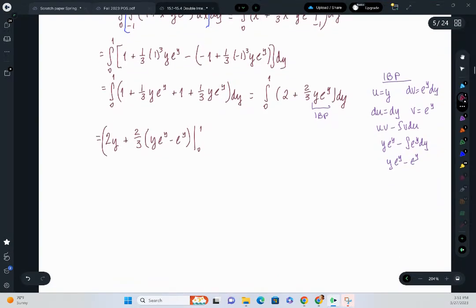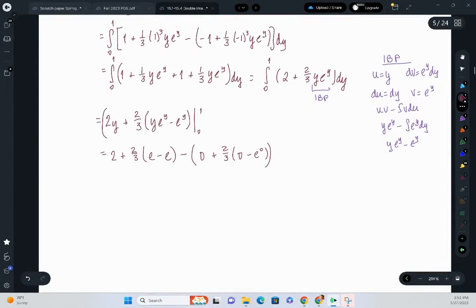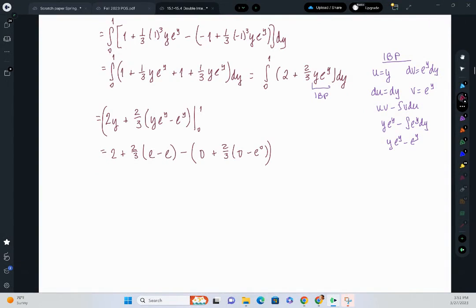All right, plugging in 1 and then subtracting the evaluation at 0, we get 2 plus 2/3 times e minus e, minus, in parentheses, 0 plus 2/3 times 0 minus e to the 0. Okay. The e minus e, well, that's going away.